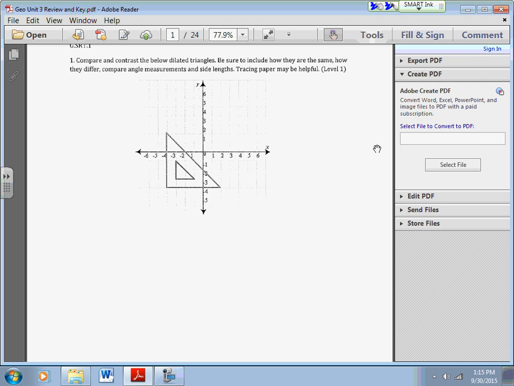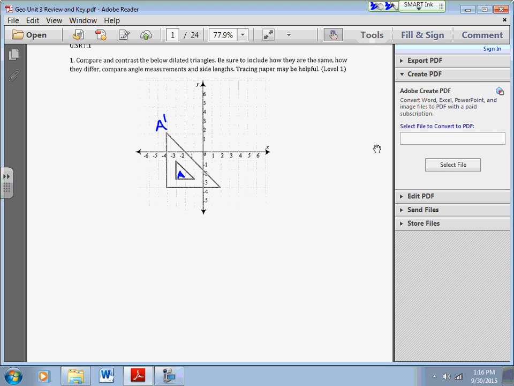If you said A, the small one was A and the big one was A prime, that would be enlargement. If you did reduction, then the big one was the original one and the small one is the new image. That error, I fixed it on the test for today. So make sure you read carefully.